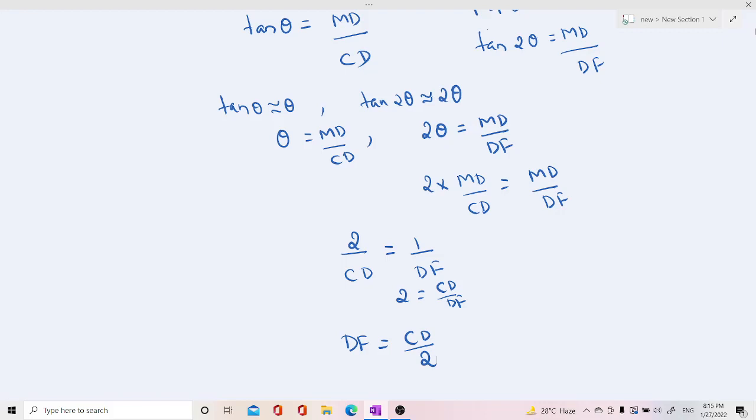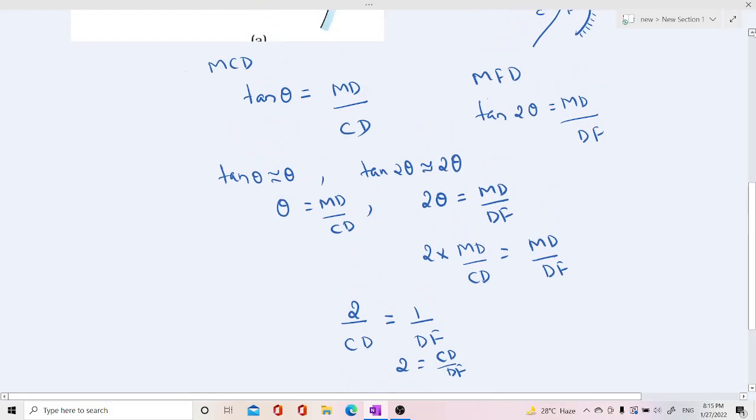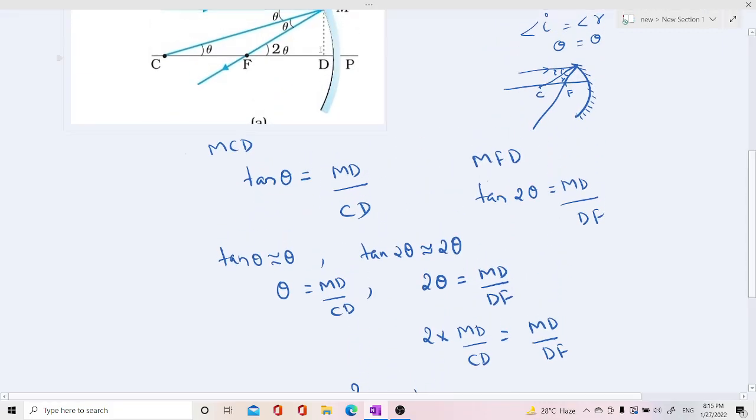See the figure. What is this DF? DF is the distance from the pole to the principal focus, which is known as focal length, and this DC is the radius of curvature, which is the distance between the pole and the center of curvature. You know the center of curvature and radius of curvature.